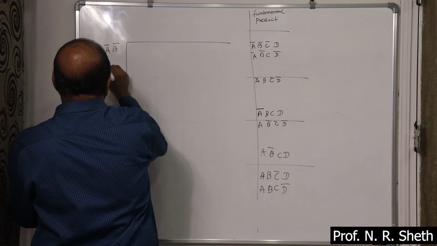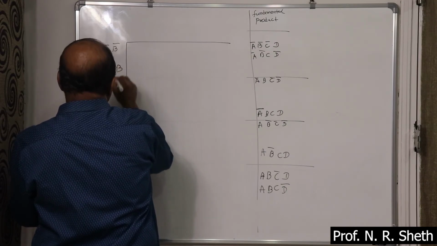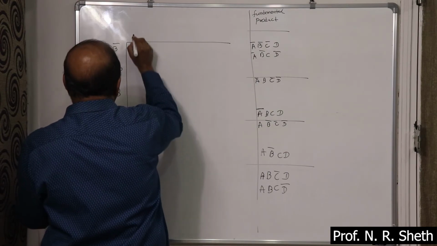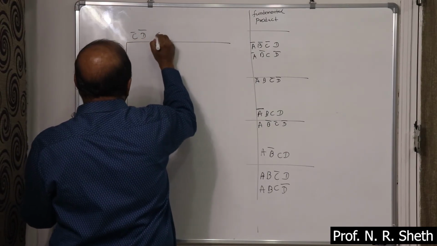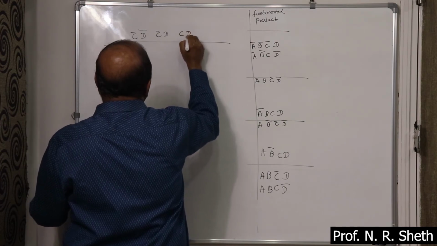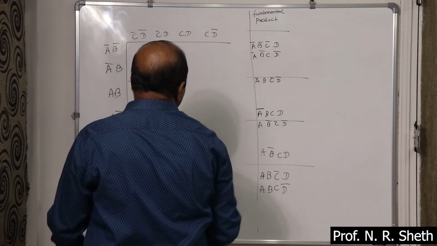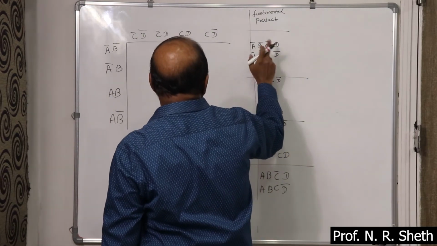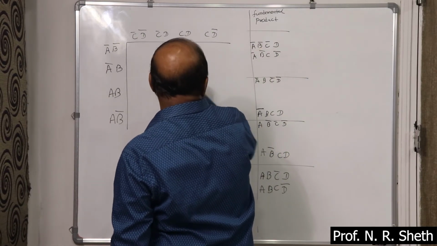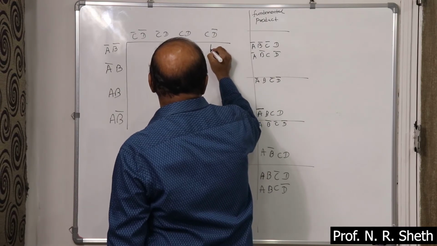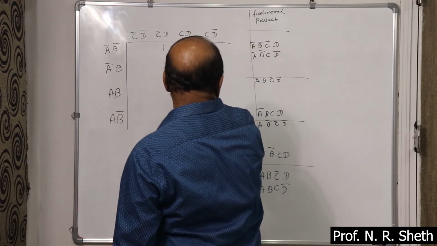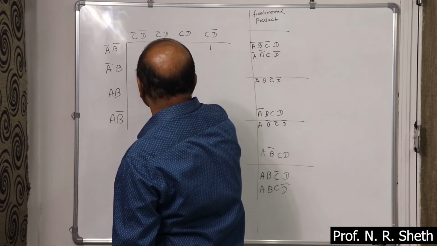A bar, B bar, A bar, B, A, B, A, B bar, C bar, D bar, C bar D, CD, CD bar. Now first two, A bar, B bar, C bar, D and A bar, B bar, C, D bar, these two. Next, A bar, B, C bar, D bar, here.